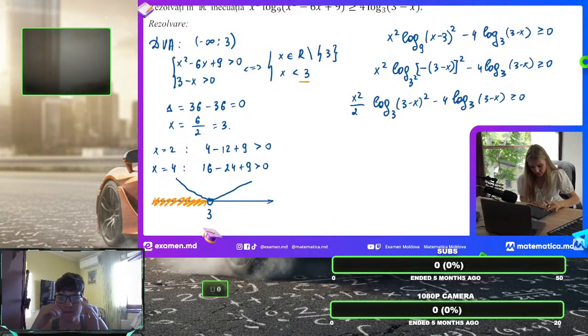So, I think to solve this, first I need to understand where the minus went. So I know where the 2 went. It went under the x to the second power. But where did the minus go right there?